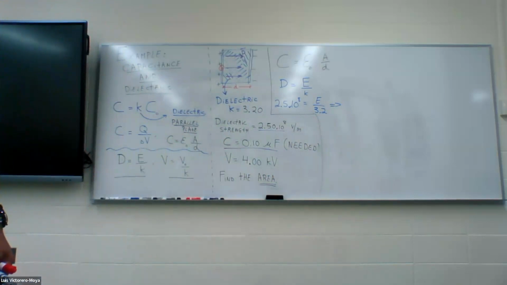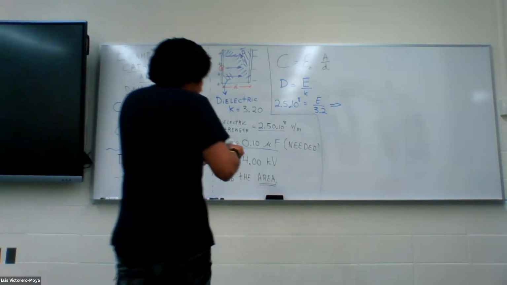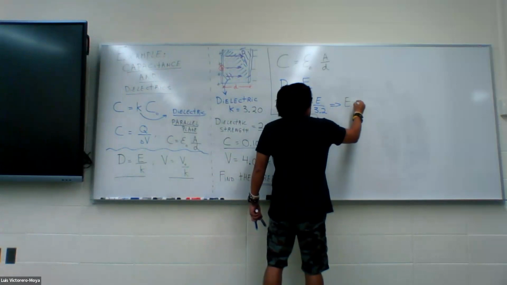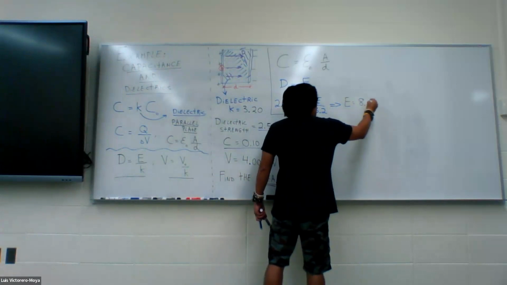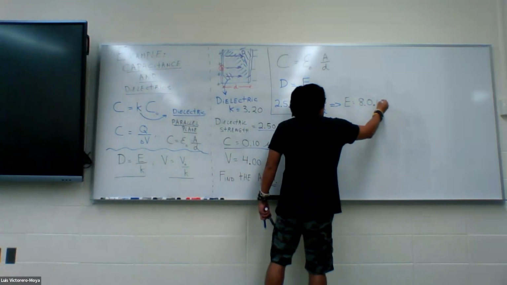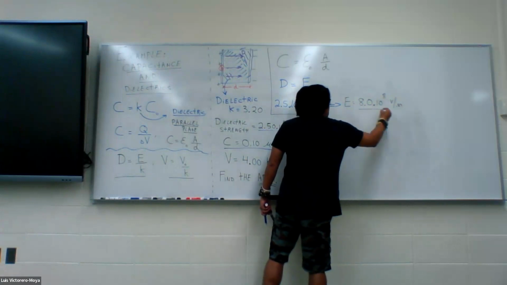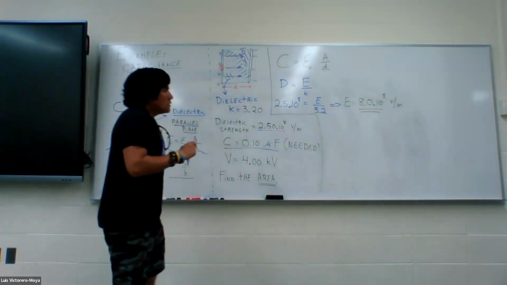So let's see here. The electric field, if you do the math here, is 8.0 times 10 to the 8 volts per meter.